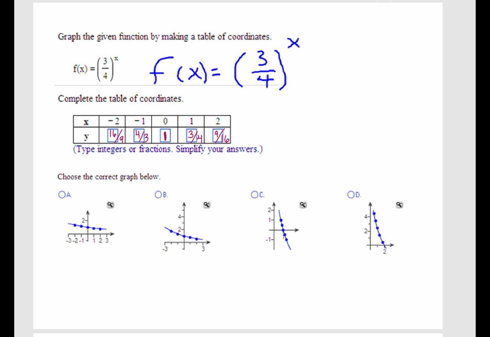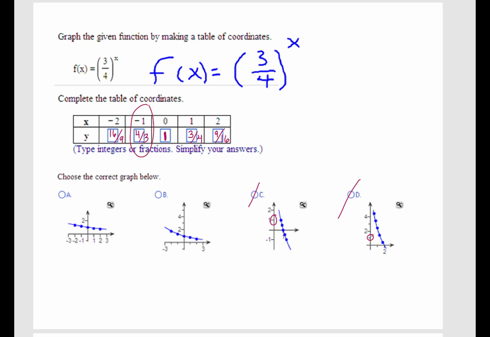So looking at my graphs, C and D don't even pass through (0, 1), so those are gone. Then A and B both pass through (0, 1), but let's look at some of the other values. So I'm actually going to look at (-1, 4/3).